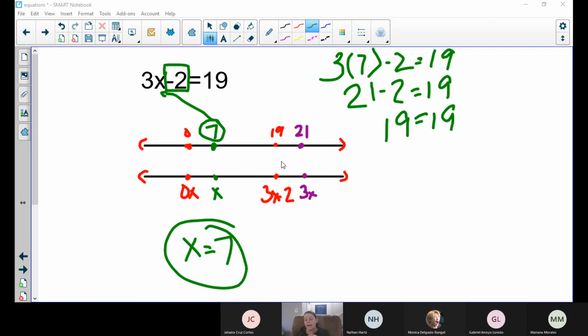So we add 2 because we are undoing what we did to find the answer. So since we subtracted 2 from 3x, to find what x equals, we have to do the opposite. We have to undo, okay? So to undo subtraction, we add. Does that make sense?